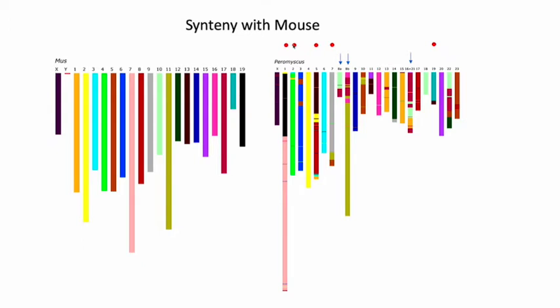You see a little bit of this red here at the end of chromosome 1. You see a little bit of orange here at the end of chromosome 5. You see a little bit of red here at the end of chromosome 7, and a little bit of brown here at the end of chromosome 19.